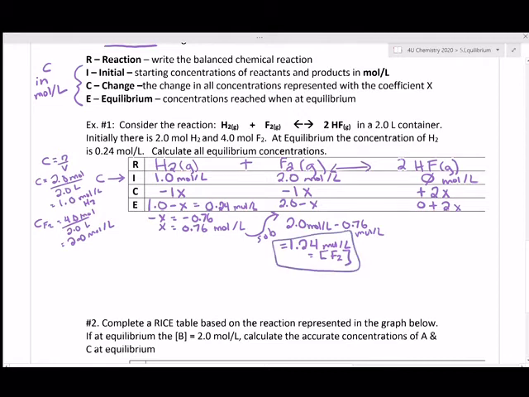Okay, so there's one of our answers because it said find out how much of everything you have at equilibrium. So for HF, we just have 2x, or 2 times 0.76 moles per liter, which is going to be 1.52 moles per liter, which is HF concentration.